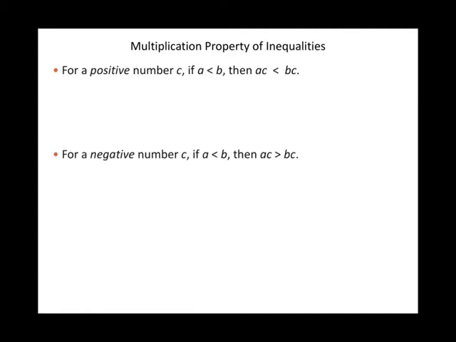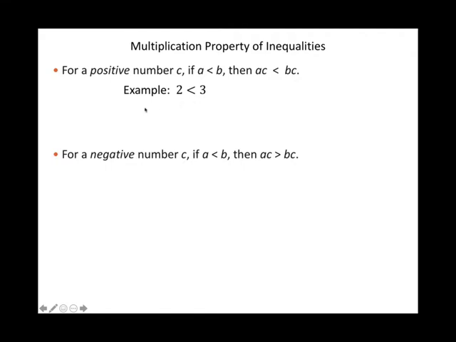Multiplication properties of inequalities. For a positive number C, if A is less than B, then A times C is less than B times C. This is talking about when your C is a positive number. When you multiply both sides by C, the inequality doesn't change. Look at this example. 2 is strictly less than 3.